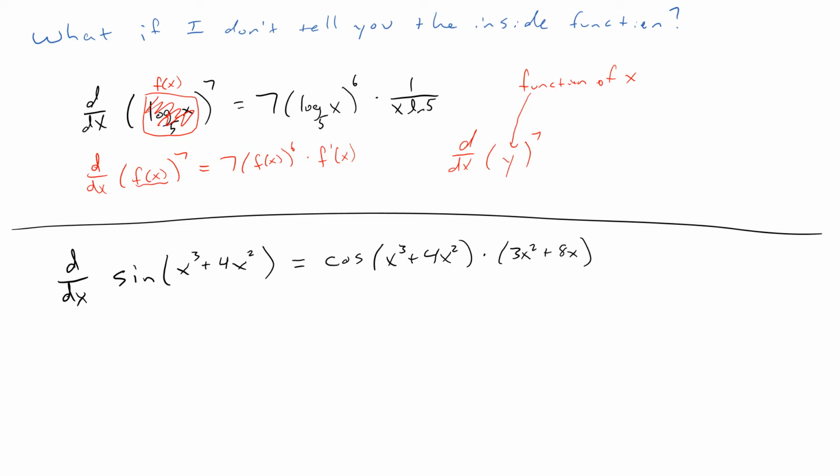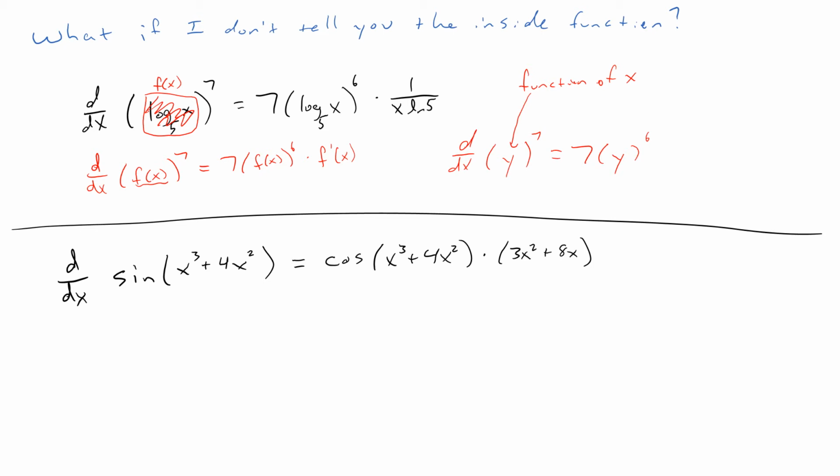Since that's some function of x, I have to do this derivative with respect to x using the chain rule. I have my outside function, I have something raised to the 7th power. According to the chain rule, the derivative is you do the derivative of the outside, 7 times something to the 6th power, but that inside you just leave alone.